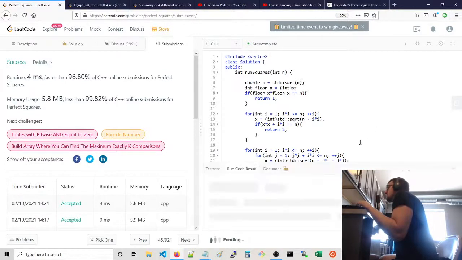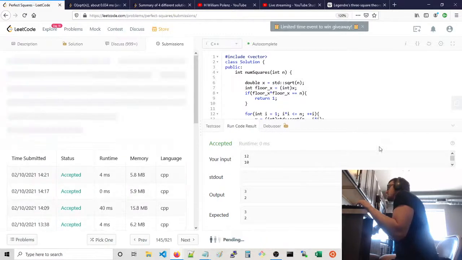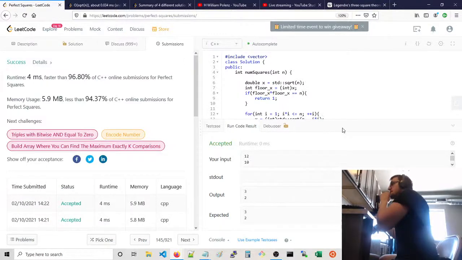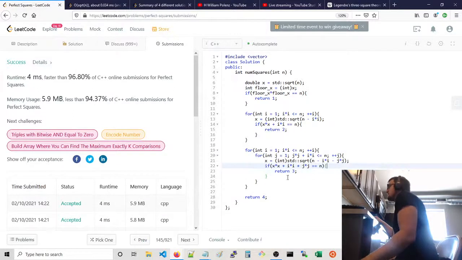I don't need that anymore. Okay, pretty quick. Still using some memory though. Interesting.